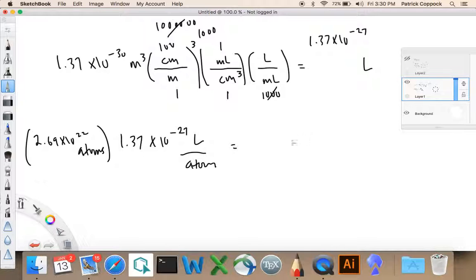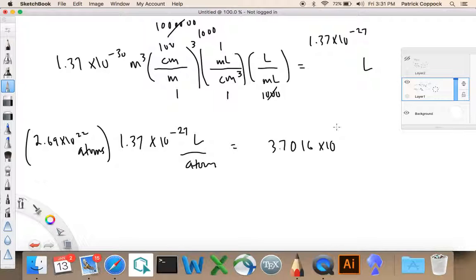Okay, this gives me 3.7016 times 10 to the, and I'm not using my scientific calculator, so 1, 2, 3, 4, 5, 6, 7, 8. Is that right? That just can't be right. I've got to do that math again. Oh, yeah. Times 1,000. Okay. 1, 2, 3, 4, 5.